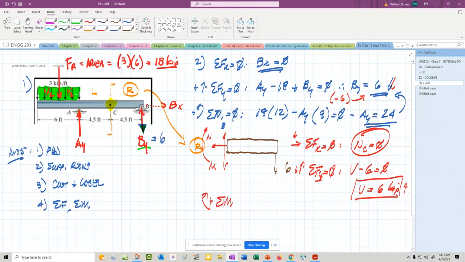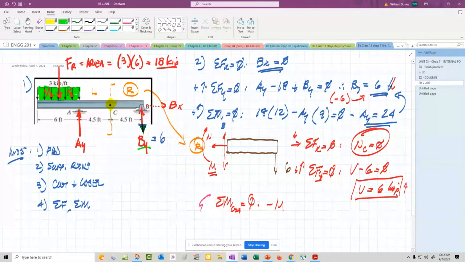And then we sum moments about the cut. That equals 0. We basically have minus the moment because it's in the, I went the opposite, wrong direction there. Hang on, let me wipe that out. Positive counterclockwise, that gives us negative moment. Minus the 6 over here acting, I think that's 4.5 feet.